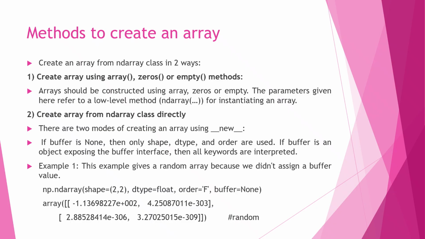Here if the buffer is None, then only shape, dtype and order attributes will be used. If the buffer is an object exposing the buffer interface, then all keywords are interpreted. So here, since the buffer is None, the data type, shape of the object and order are the attributes used here.